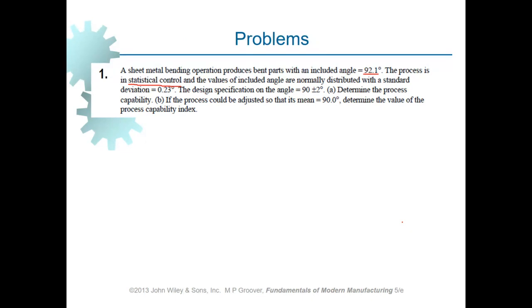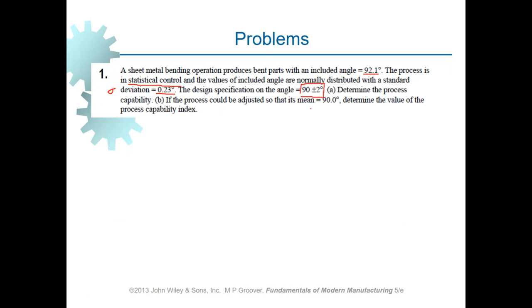And the values of included angle are normally distributed with a standard deviation. The value of sigma is given to be equal to 0.23. And then the design specification on the angle is equal to 90 degrees plus and minus 0.2 degrees.